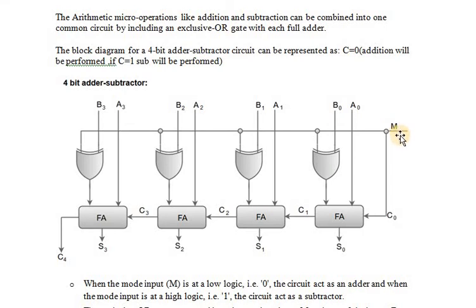When the mode input is 1, it acts as a subtractor. See here, the full adder has the sum output and a carry, and it has an XOR gate. Based on the truth table of the XOR gate, this circuit works.